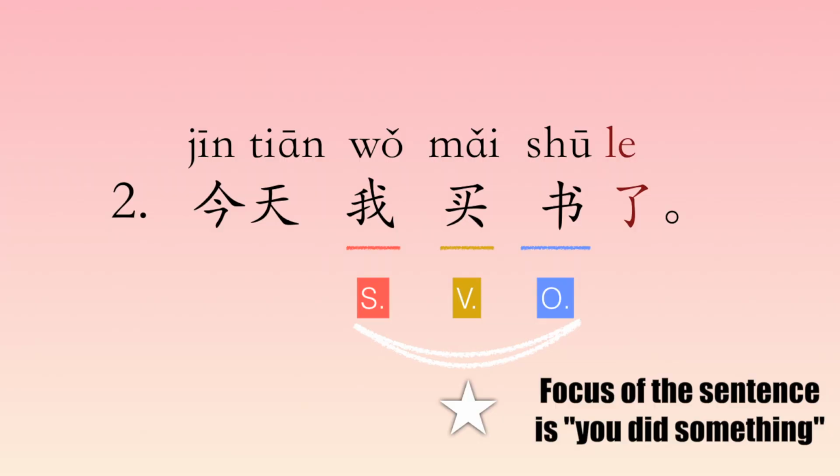What exactly did I buy? It's not important anymore. You just want to tell your friend that you went somewhere and that's why you were not at home. No matter whether you went to the gym, the bookshop, or another friend's house, it doesn't matter. In this case, you put 了 at the end of the sentence.